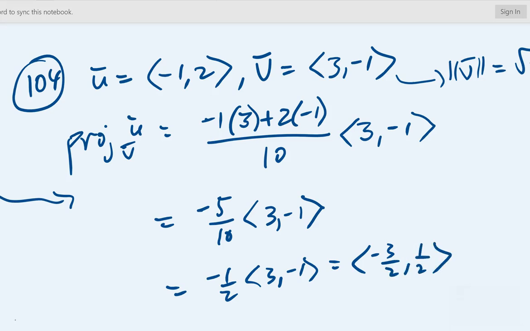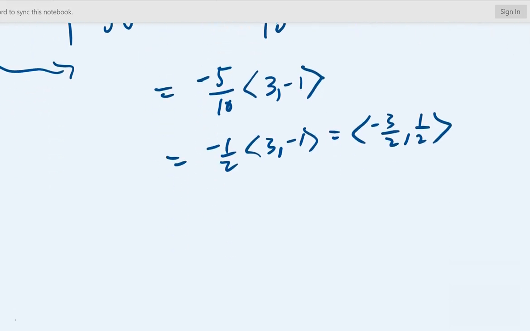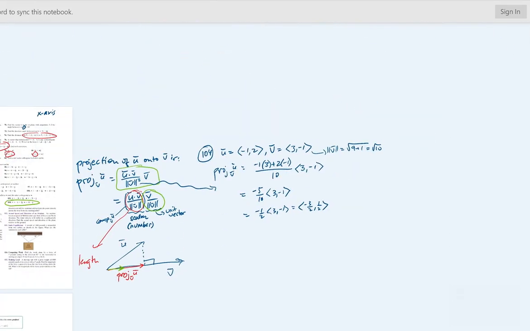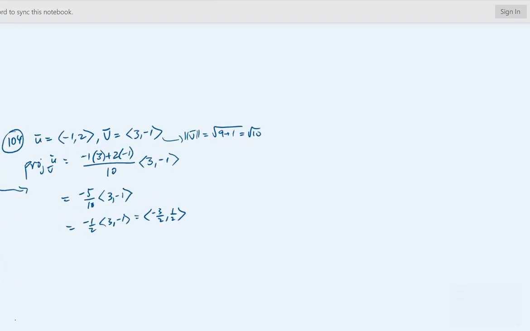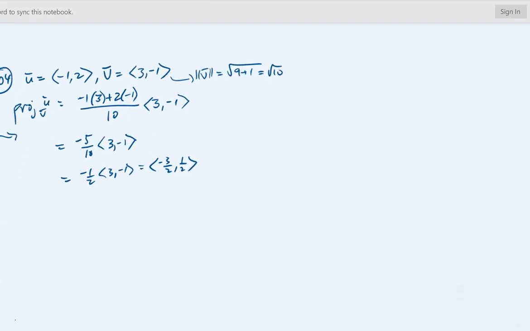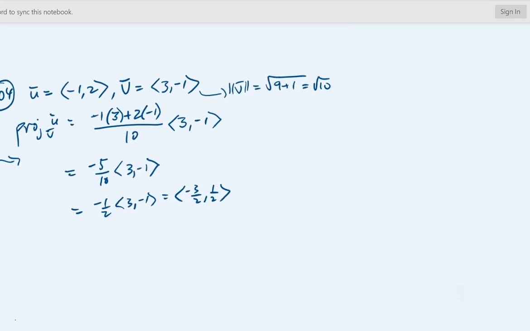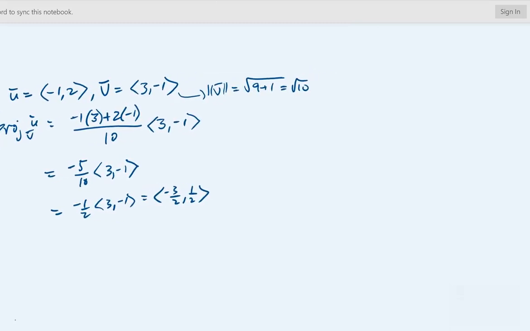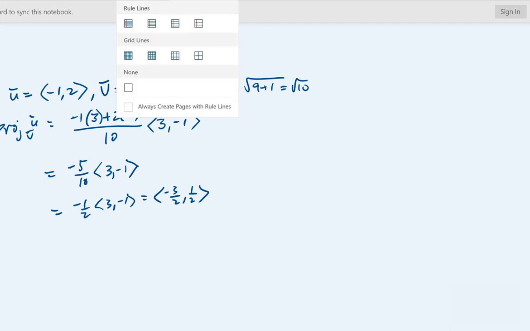So now if we graph all this together, let me see how this looks. Let me pop in a view here, view rule lines.